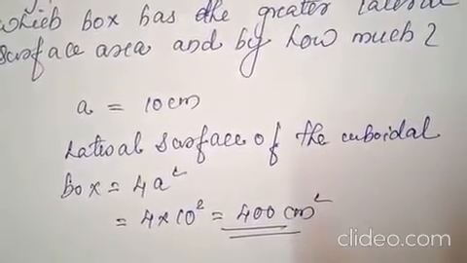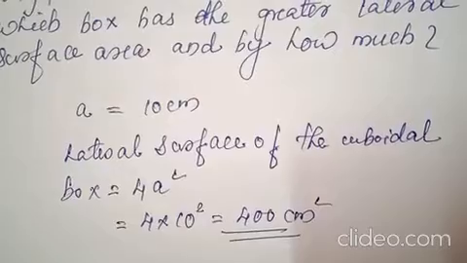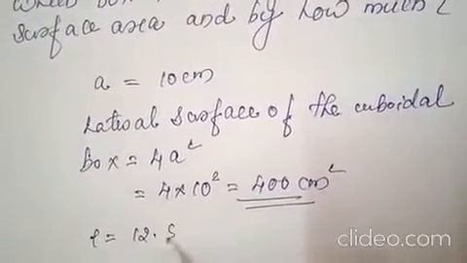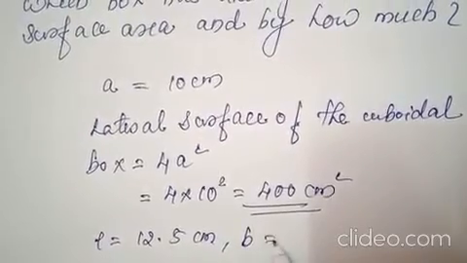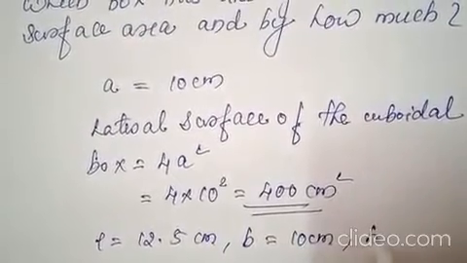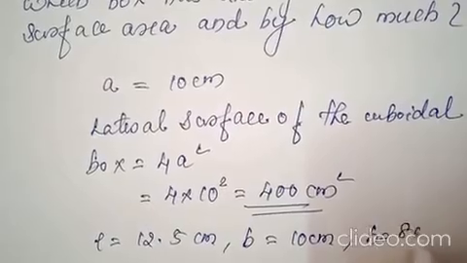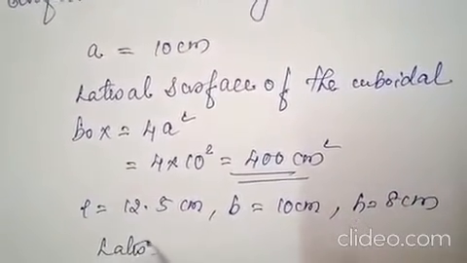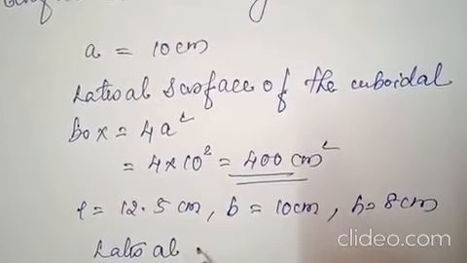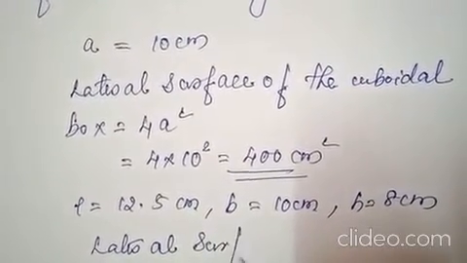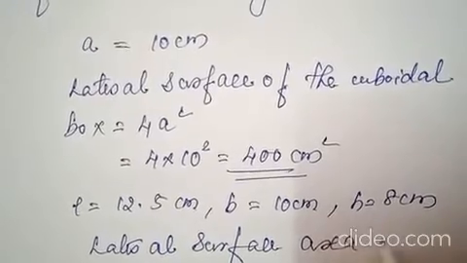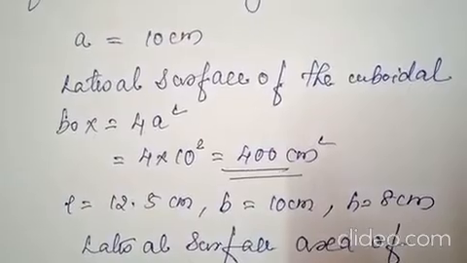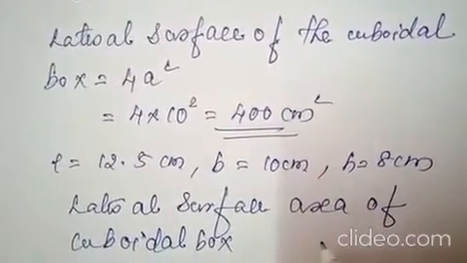So we have another box also, is it? So that is another cuboidal box, length equals 12.5 centimeter, breadth equals 10 centimeter and the height equals 8 centimeter, is it? So we have to find the lateral surface area of the cuboidal box. The first one is not cuboidal.